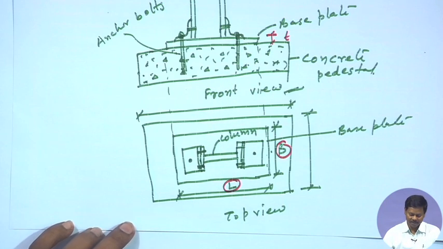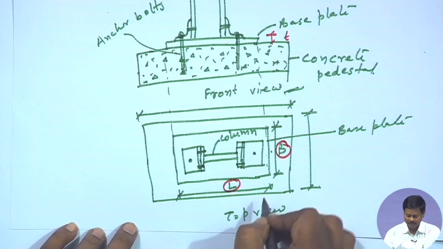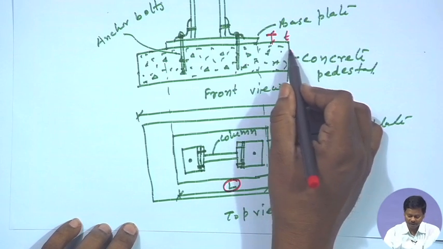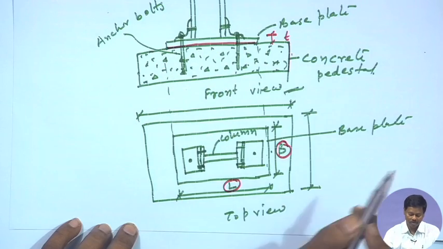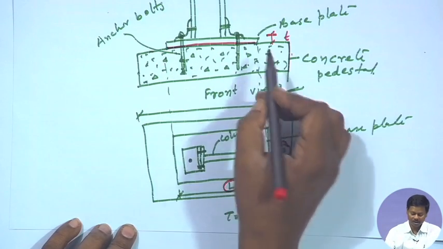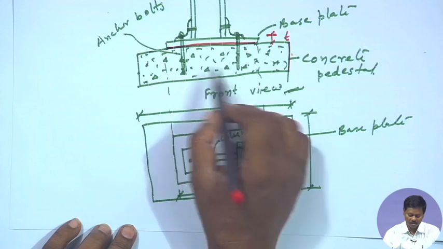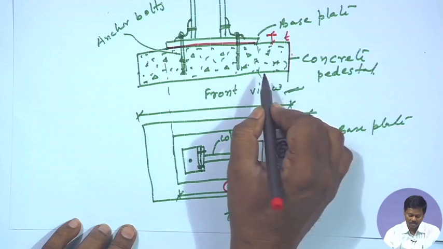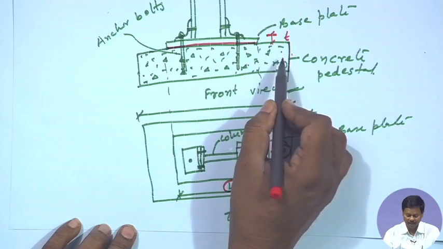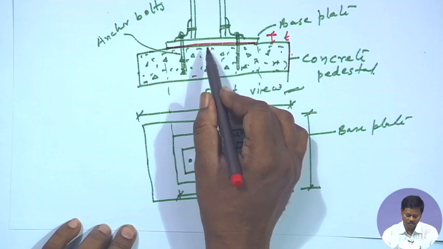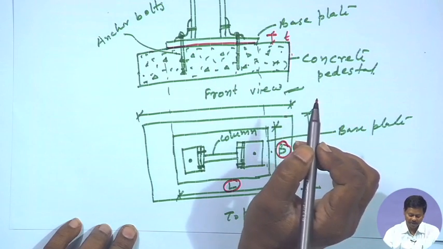So, length and width can be found from the grade of concrete, means how much area we need to have of the base plate, so that the load is transferred from column to the concrete pedestal without any failure.